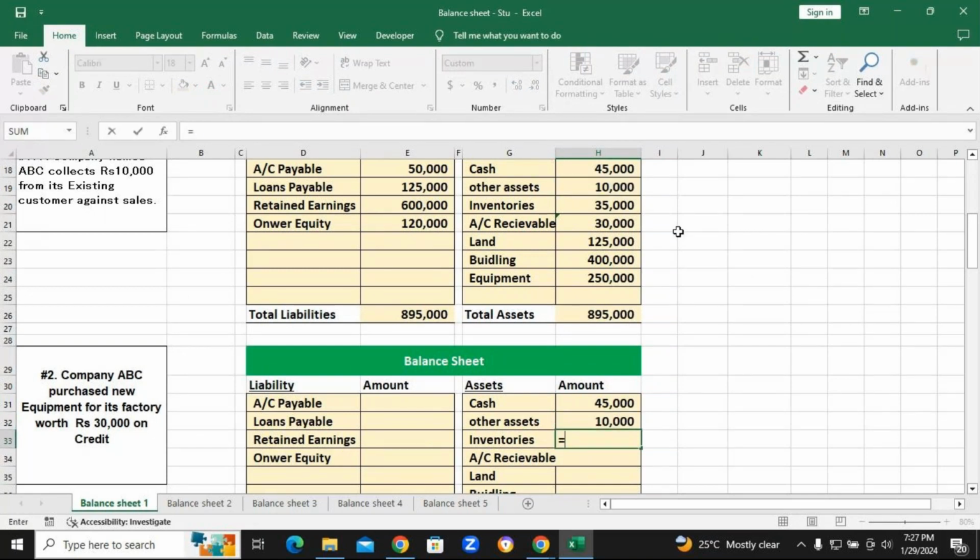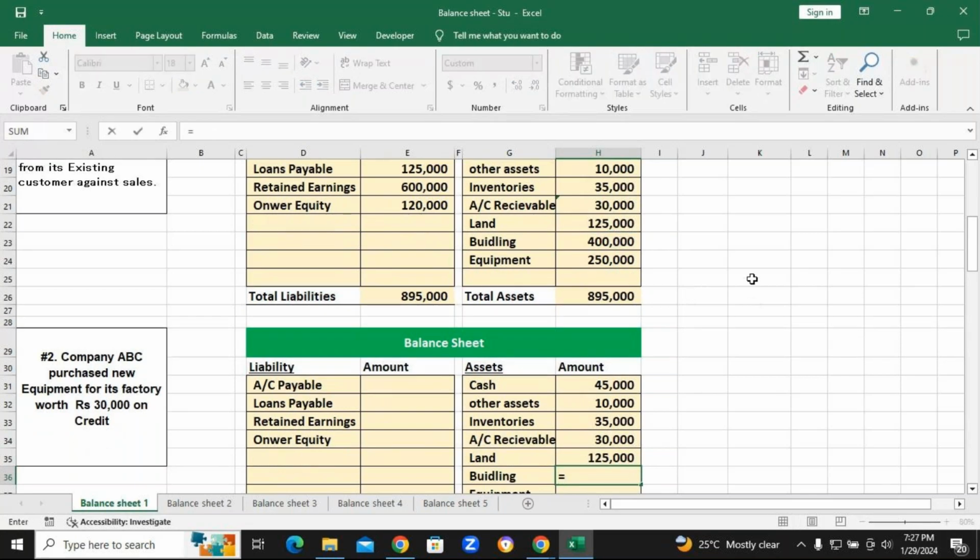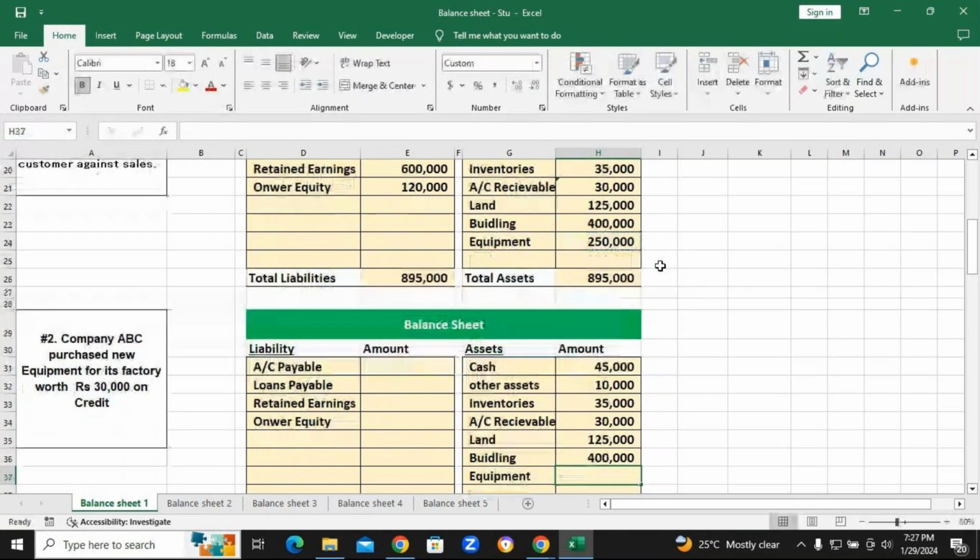Inventories 35,000. Account receivable, that is from my customer, 30,000. Land is 1,25,000. Building is 4 lakh rupees. And equipment, I already have 2,50,000 worth of equipment. On top of it, I am purchasing new equipment worth rupees 30,000 on credit. So this 30,000 has to be added to my equipment, plus 30,000.